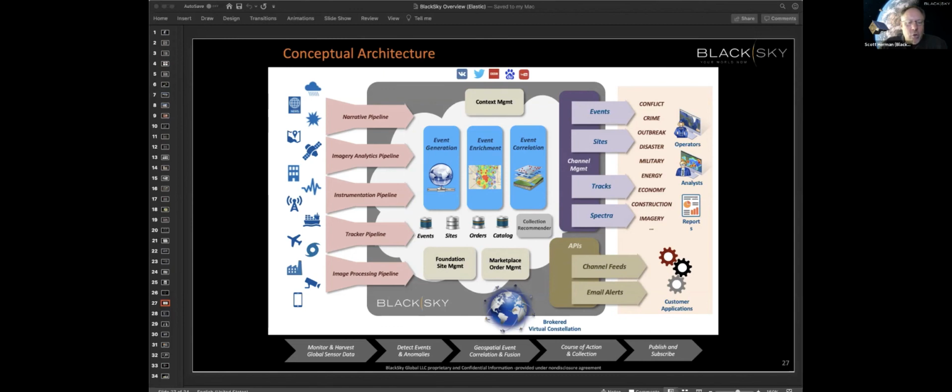The tracker pipeline, where we're talking about movers, has a bunch of data points that have to be assembled into tracks. If we're looking at imagery analytics, we're invoking computer vision models on that inbound imagery. So it's a lot more complicated than just processing log entries. Each one of those pipelines is a custom ingester designed for that type of data, and the phenomenology related with that type of data.